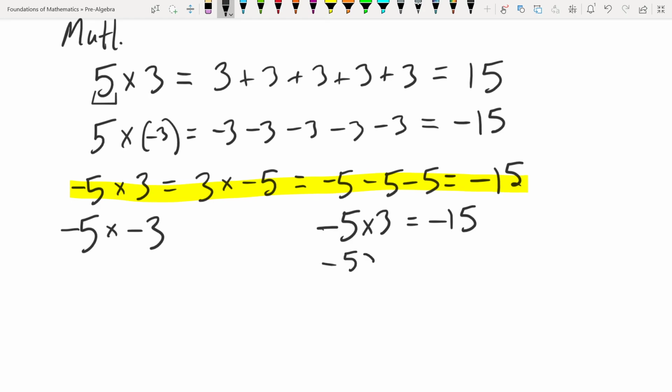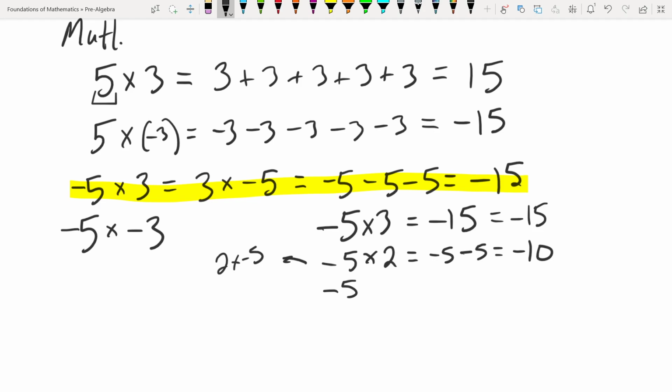Negative 5 times 2 will equal negative 10. We can flip it around, right? This can become 2 times negative 5, which is negative 5 plus negative 5, so negative 10. So we have negative 15, negative 10, negative 5 times 1, that's just going to be negative 5. And then of course negative 5 times 0, that's going to give us 0.